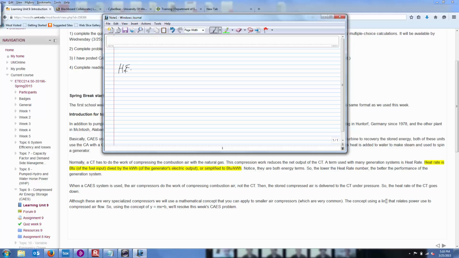Heat rate. BTUs coming in, and then the kilowatt hours going out.